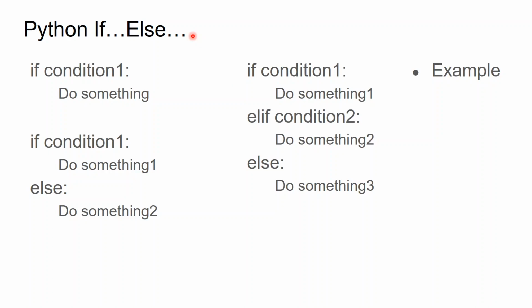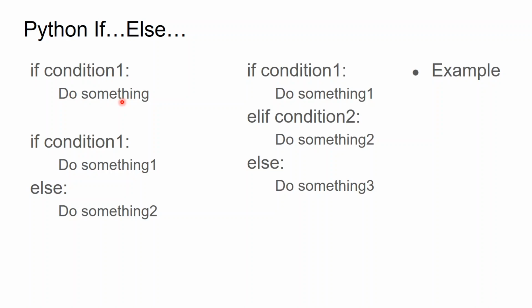And next, we will see the selection statement in Python, and the commonly used statement is if, else. This means you have a condition 1, you want to do something if condition 1 is true, so you can write this if condition 1 colon, and the next line will have some space and do something.